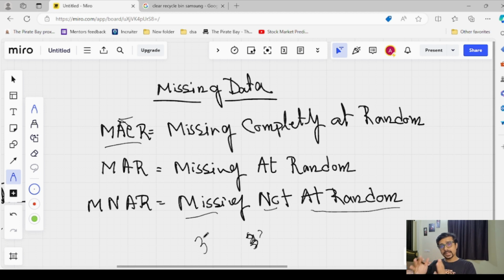So there are 3 kinds of pattern: MCAR, MAR, and MNAR. Now why are we talking so much about missing data? Hearing this, it may not look like a very important thing, but it is important. Why? Because if you don't handle the missing data and you are doing some activity using that data, you will have an issue.